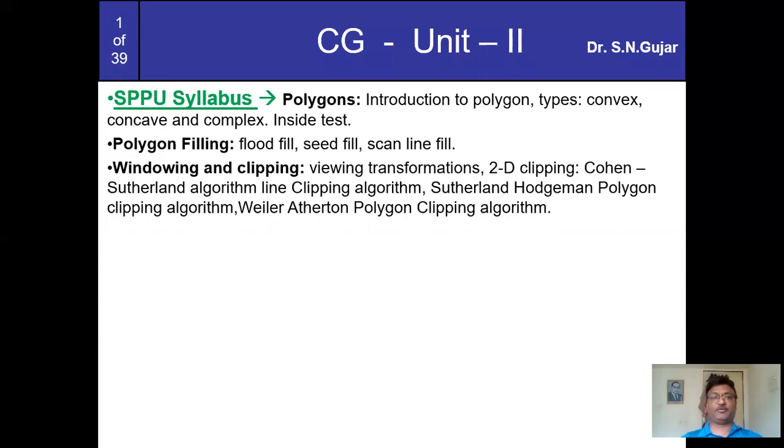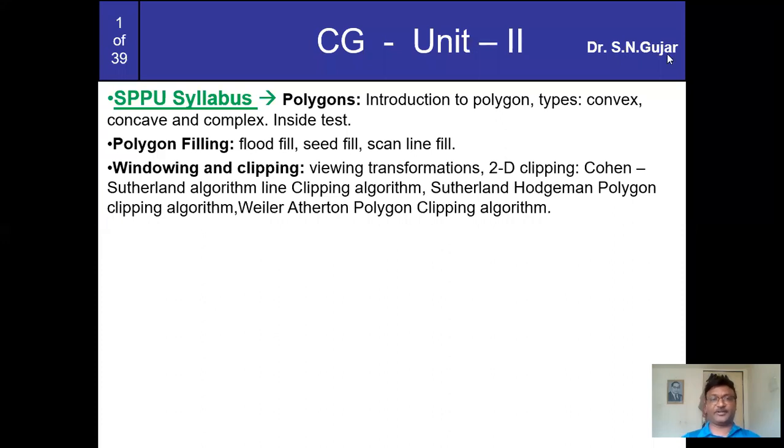Now come to unit number 2. What are the contents of unit number 2 that we are going to learn? By using lines, you can draw the polygon. As per the SPPU syllabus, the content of unit 2 is: introduction to the polygon, types of polygon, having convex, concave and complex polygons, and the inside test, which checks whether a point or line is inside or outside the polygon.